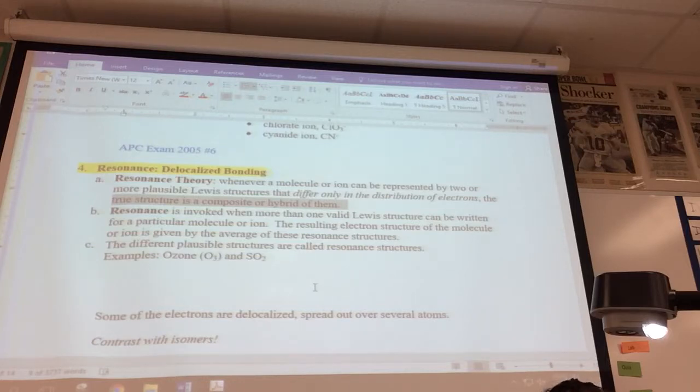When it says valid Lewis structure, that just means anything where, when you add all the formal charges together, it equals the overall charge. Like in the last one that we had, both equaled 0, but the other one was better. Right.